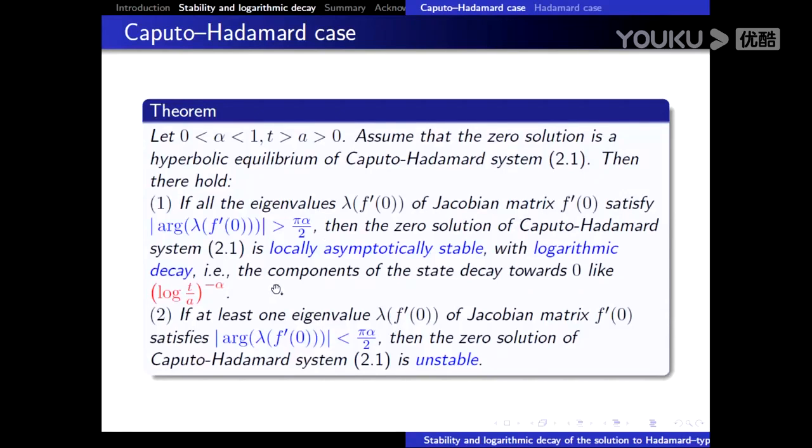That is, the components of the state decay towards 0 like this. This is the decay rate. If at least one eigenvalue of the Jacobian matrix satisfies this, then the zero solution of the Hadamard system is unstable.